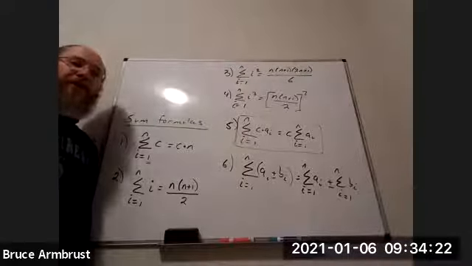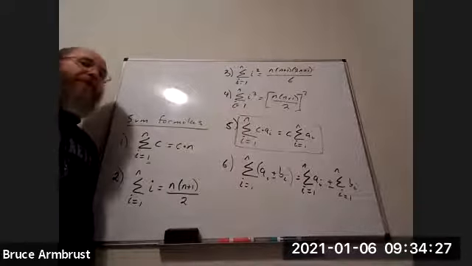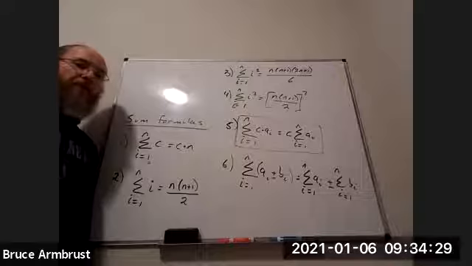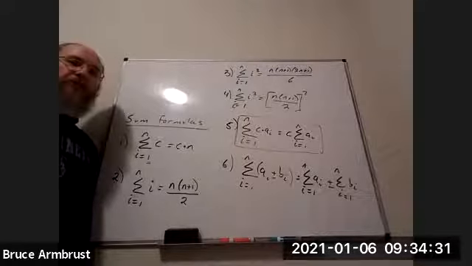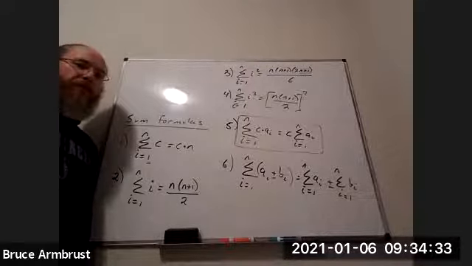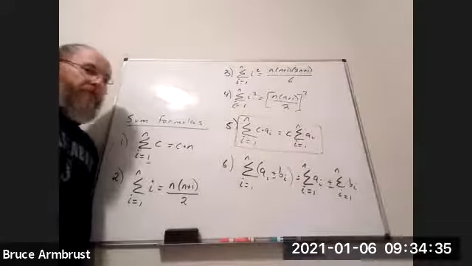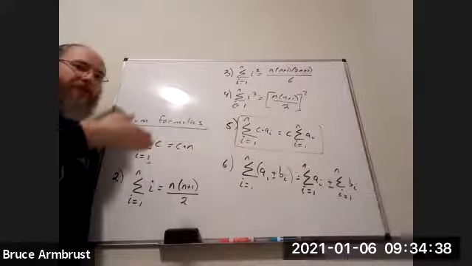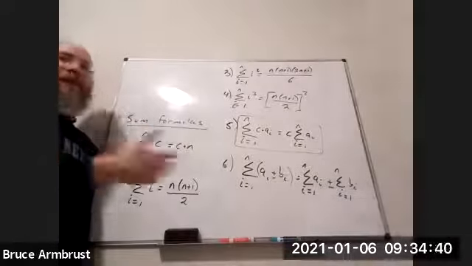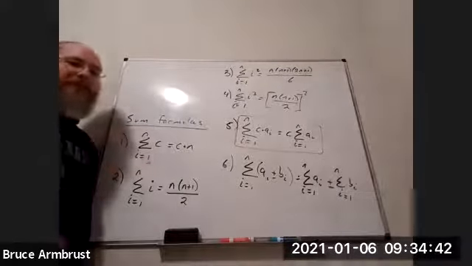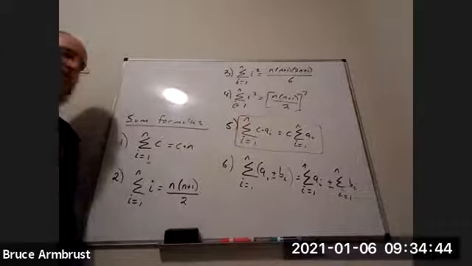So what this one says is that if you're adding or subtracting things, you can do them individually and then add or subtract. And that's really similar to what we saw with derivatives. With derivatives, if you have a whole bunch of things being added, you just differentiate each one separately and then add them. It's exactly the same idea.